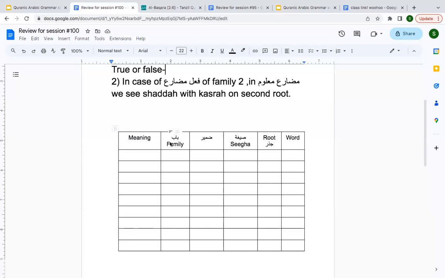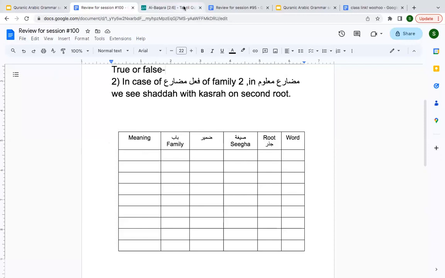If you can make it in your notebooks, or you can print it, so that every time we are practicing sarf, you can write a word while we are doing it in class, and then write the root letters and sigha, and damir in case it is a fail, and then you can write family, and meaning you can skip, but this is something that will be helpful to expand your vocabulary too. I can send a separate paper on which there is only this table, and you can all make a printout of that.